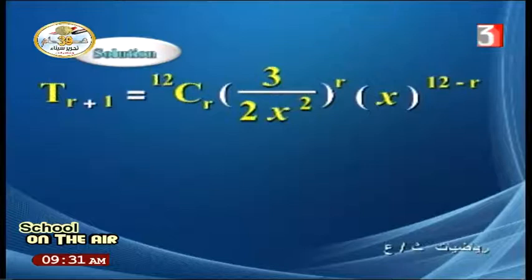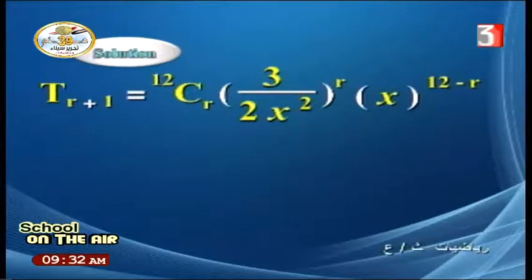Again, this general term T(r+1) equals nCr, second term power r, first term power n minus r. In this case, n equals 12. Therefore, T(r+1) equals 12Cr multiplied by the second term to the power r, first term to the power 12 minus r.